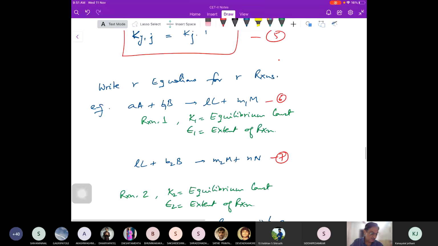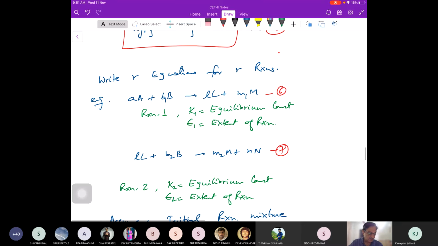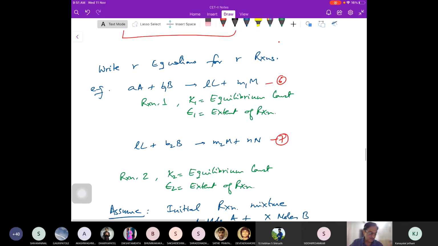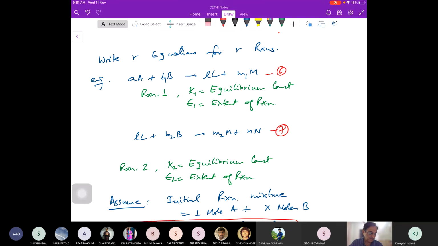Okay, so if you take a reaction like a times A plus b1 times B gives l times L plus m1 times M, reaction 1 here, K1 is the equilibrium constant, epsilon 1 is the extent of reaction. And if you write a second reaction, suppose this is an intermediate, we are talking about L as an intermediate.